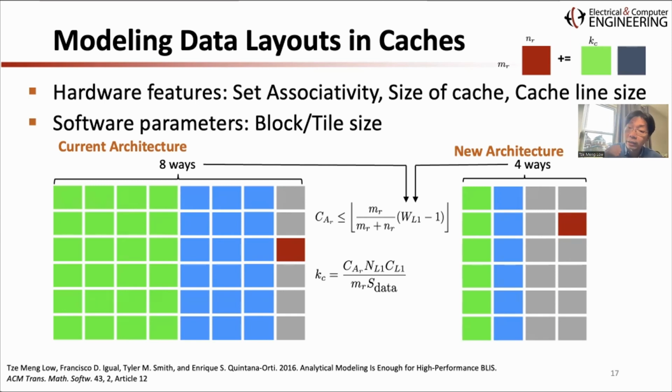But it turns out that even though we are not using the cache as efficiently in terms of percentage of data packed, in terms of performance, because we are managing the cache very efficiently, we often get better performance than if we were just to fill up the cache completely.